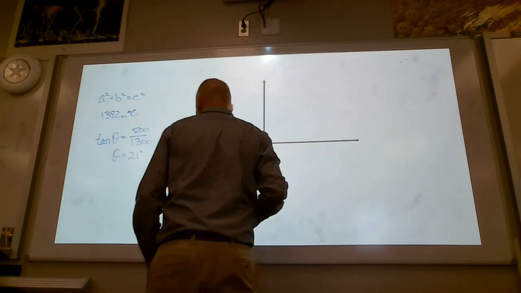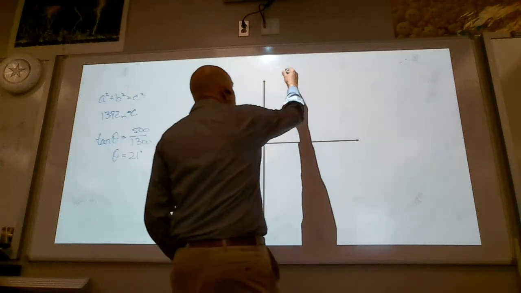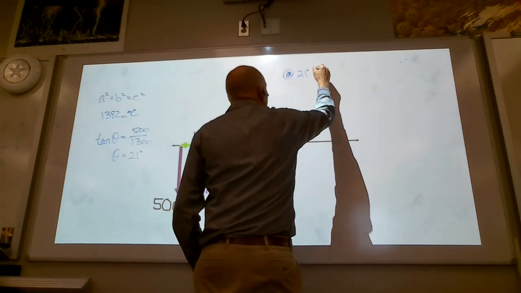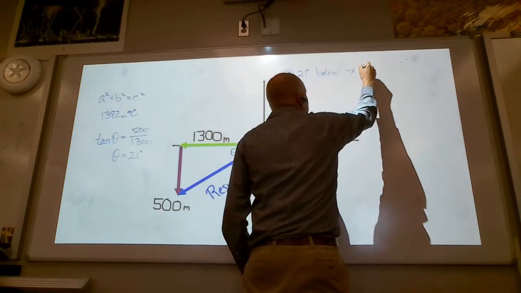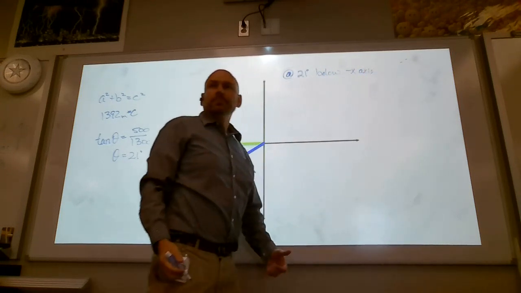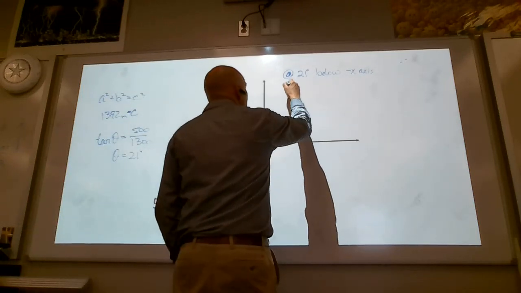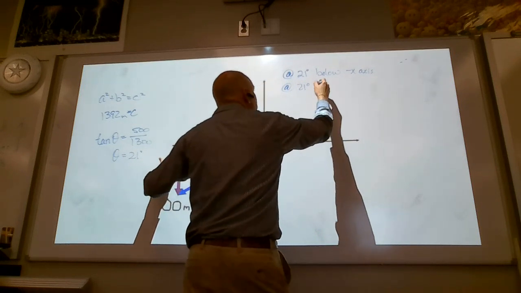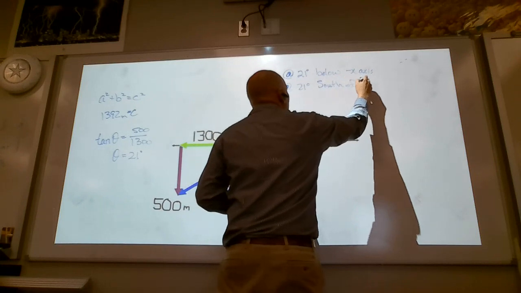No, let's see. Shoot. So you could say, hey, go at 21 degrees below the negative x-axis. Okay. You could say go at 21 degrees south of west.